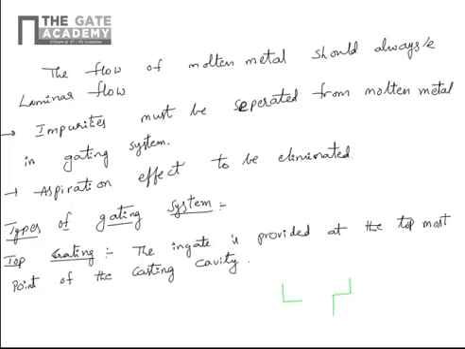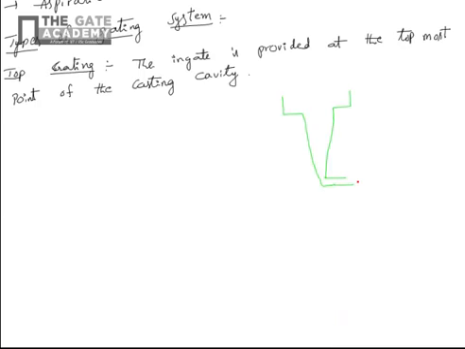So this is the storage of the molten metal. This is an example of top gating system. H is the height of the head, you can say, and molten metal will be present inside.